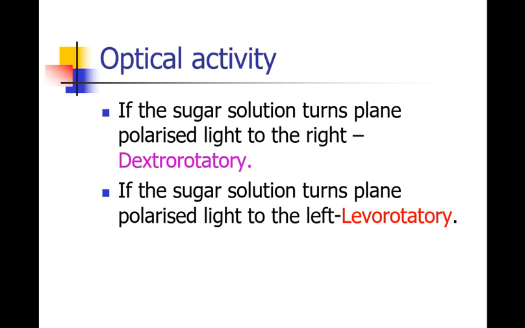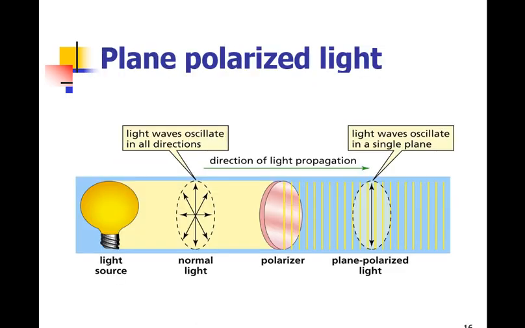So dextrorotatory and levorotatory. You can see here there is a light source from which the light is coming, and normal light has so many wavelengths. When this light is passed through a polarizer, you will get only monochromatic light. This monochromatic light is called plane polarized light.